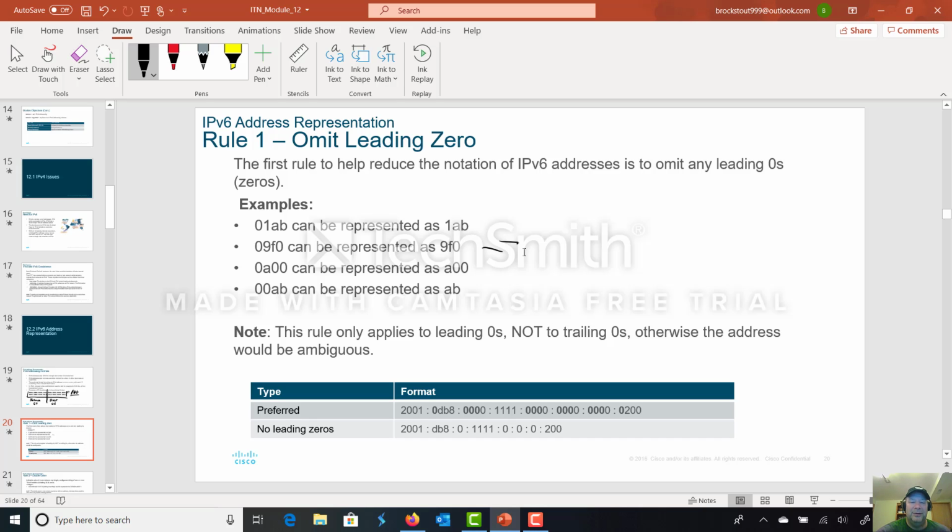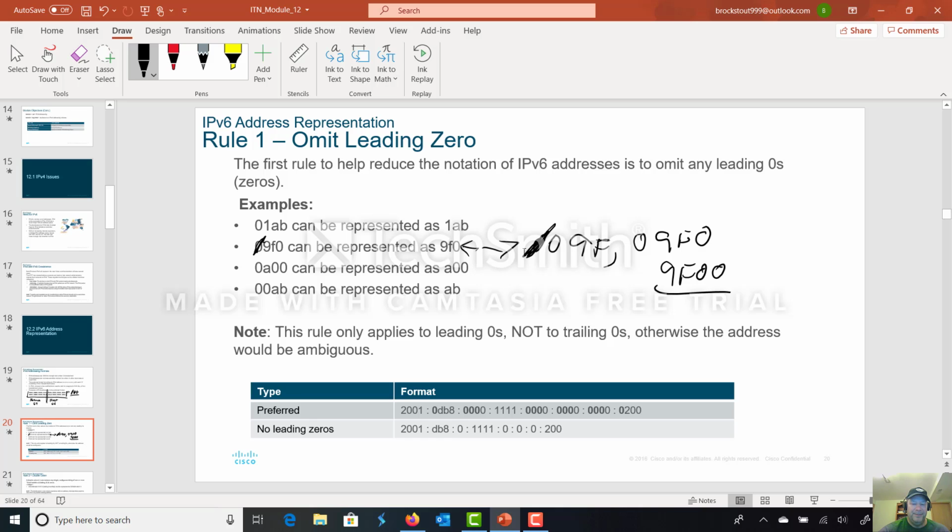If we drop the closing 0, we'd end up with 9F here, and you don't know if that's 009F or 09F0 or 9F00. It could be any one of those, and if you don't know, you can't. So just the leading 0 can get eliminated. That's what they've done here. The trailing 0s, not so much. Same thing on the next two, and that's a way that you can truncate things down.